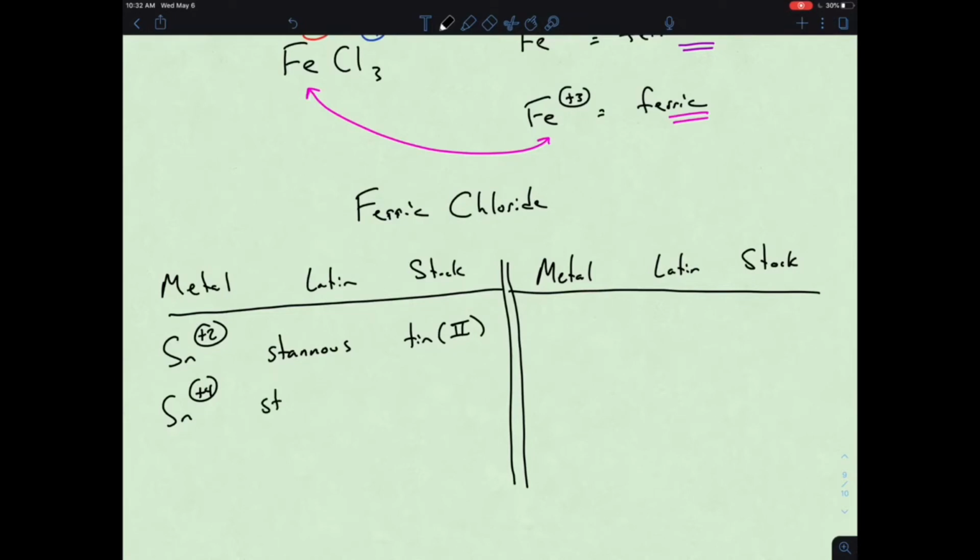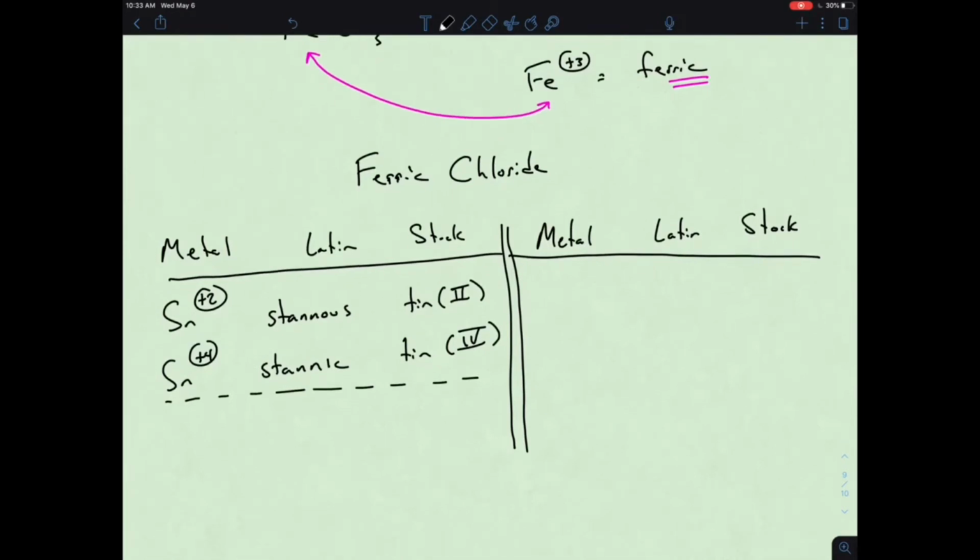Tin +4 is stannic. We already talked about the iron, with our notion of ferrous and ferric.